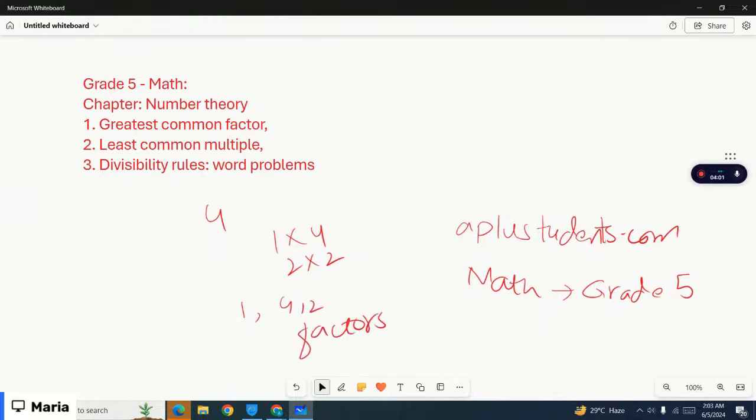When you multiply these numbers, they make 4.